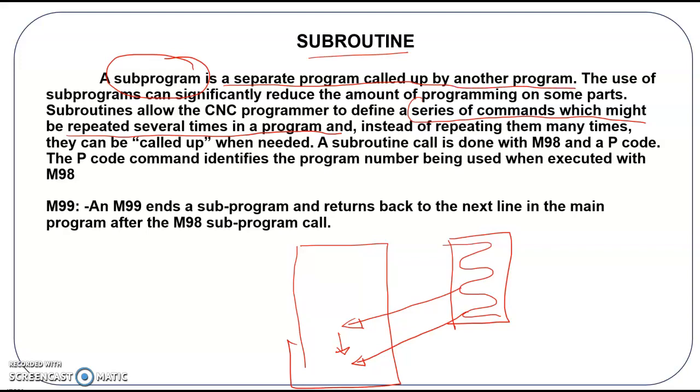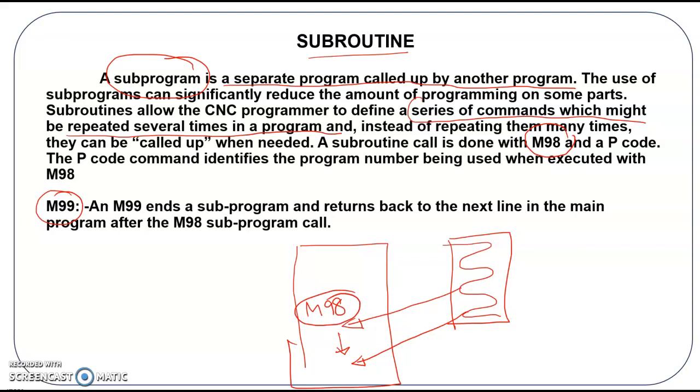And two codes are associated with the subprogram: M98 and M99. M98 will be included in the main program. This is the command for calling the subprogram into the main program.